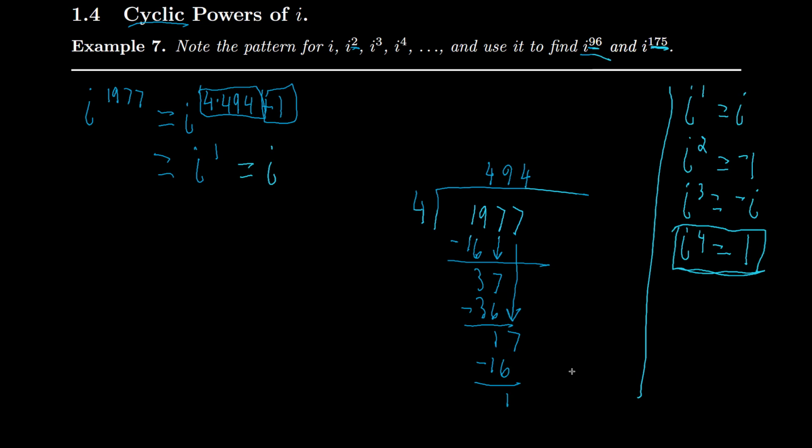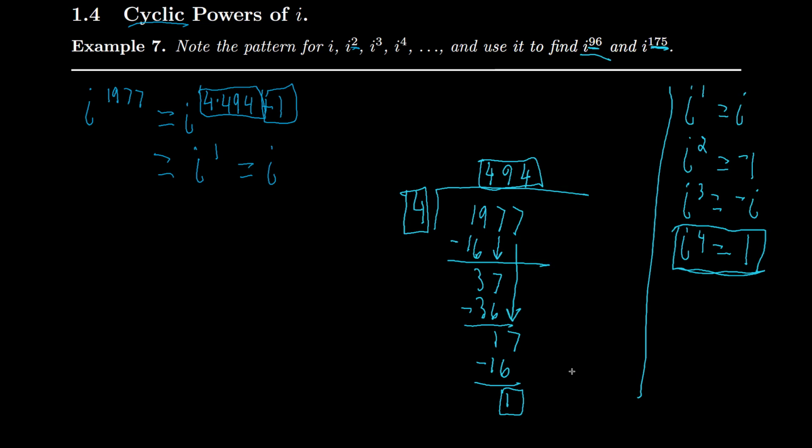You'll always be able to write it as i to the whatever you divided by, times whatever was on top, plus whatever the remainder was. And it's the remainder that we care about. If the remainder is 1, then it's i. If the remainder is 2, then it is negative 1. If the remainder is 3, it is negative i.